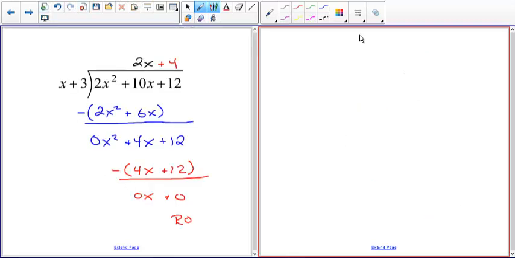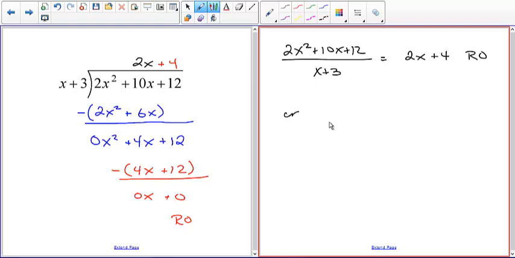So one way to say this is 2x squared plus 10x plus 12 divided by x plus 3 is equal to 2x plus 4 with a remainder of 0. Or you can say that x plus 3 is a factor of the original expression.